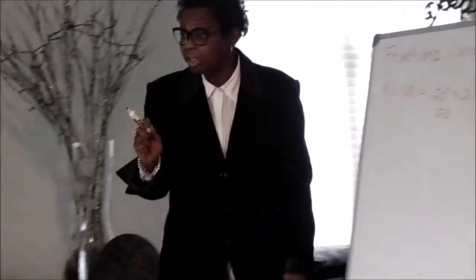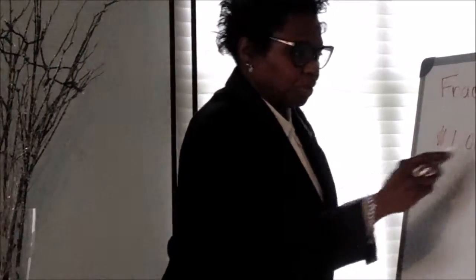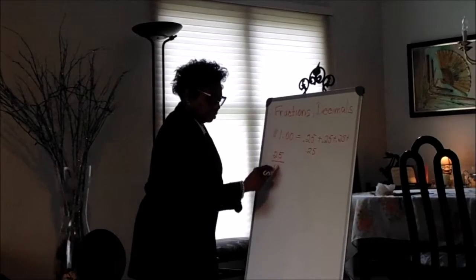Okay, now how would we represent 1/4, or I should say 25 cents, as a fraction? Let's take 25 hundredths, because anytime you have a decimal point there, that means you're representing hundredths. Is that correct? So 25 hundredths.